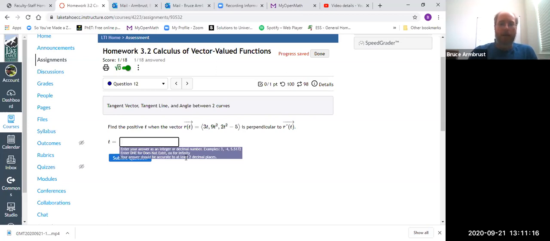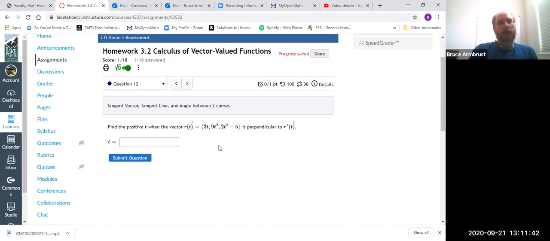Or if it ends up being an issue, like you entered it like I would have entered it with those greater than or less thans, but really they're the ends of vectors, and it's not liking you, just send me a message and I will look into it, and if what you did was correct, I will give you the credit because I can manually give you points.